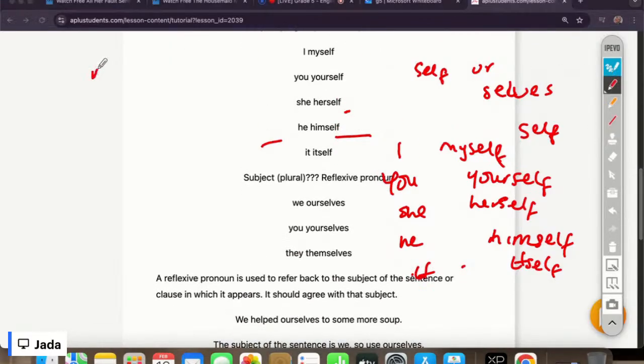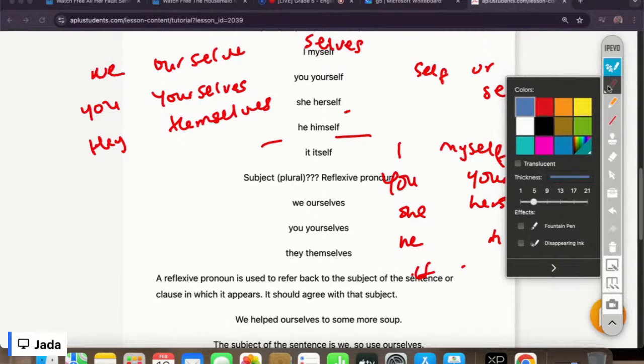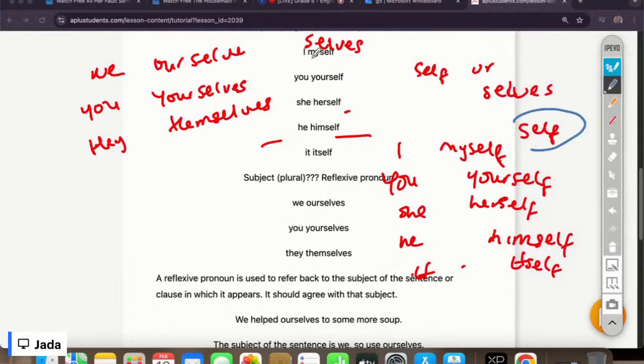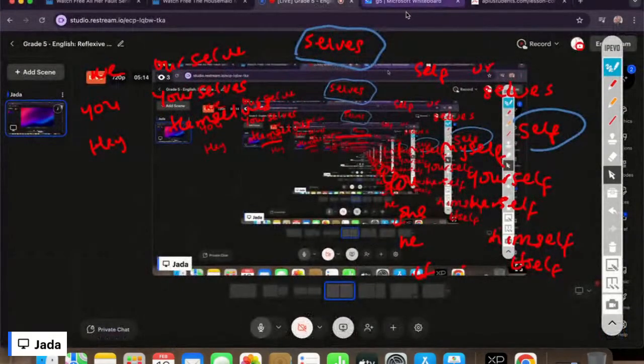Then we have we ourselves, you yourselves, then they themselves. Now the plurals end with selves. And the singular ones end with what? Self, and plural selves. So this is the way you can differentiate them.